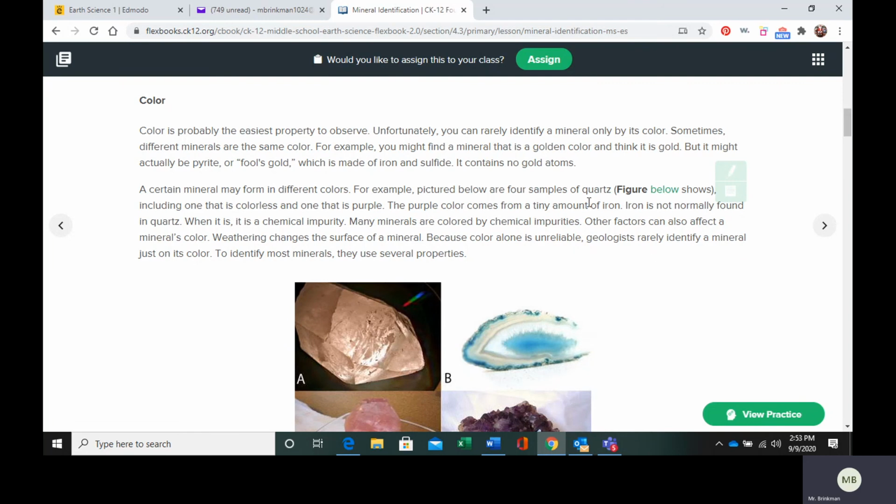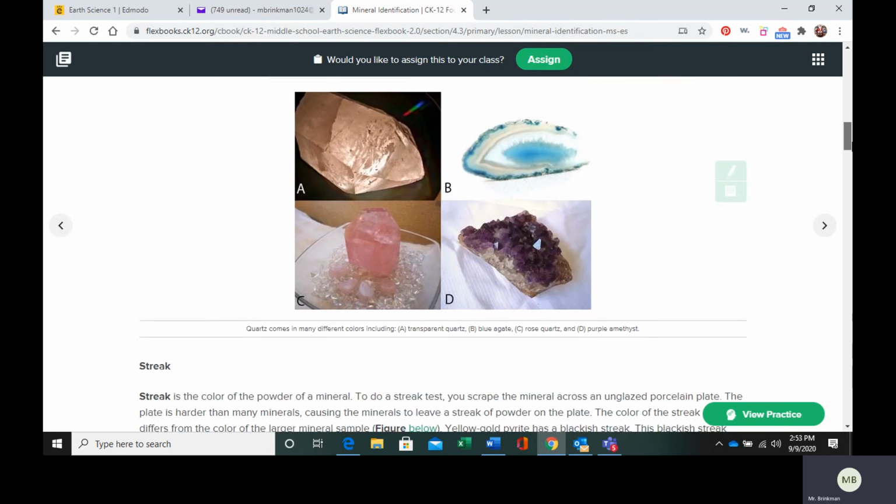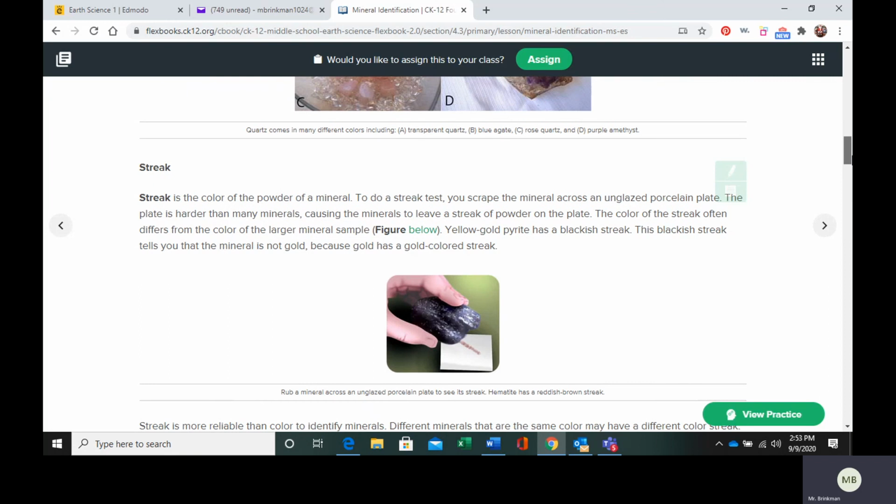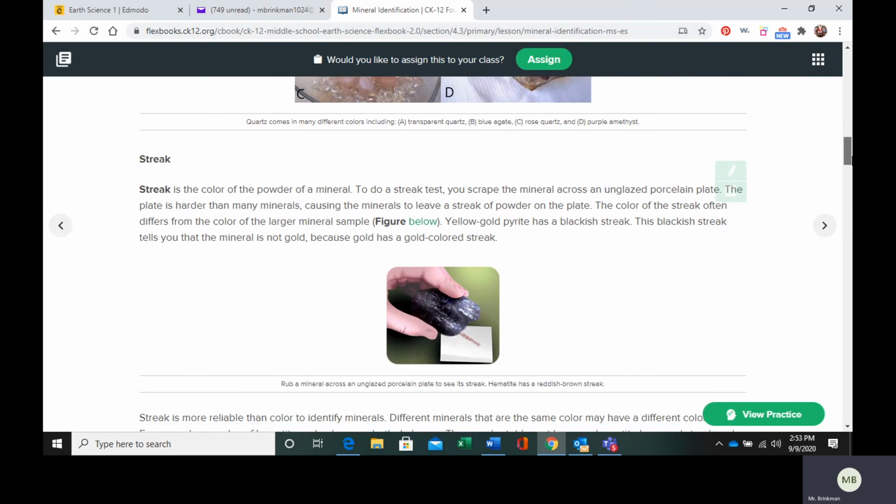So for example, you could have something with a golden color, you think it's gold, but it might actually be fool's gold. Okay, and there are several other examples of why color is not reliable, but I won't get into all of those. Those you can go to on your own.